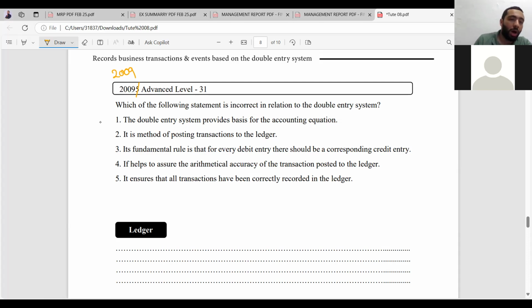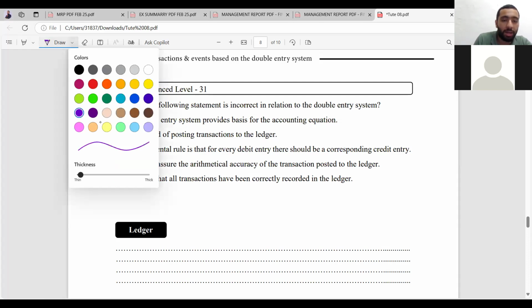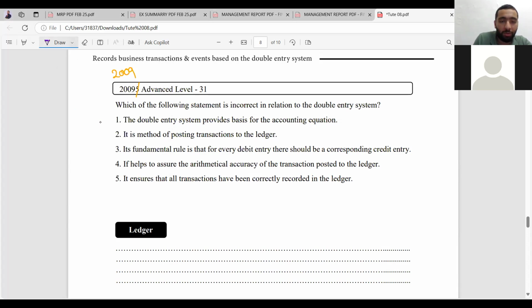Which of the following statements is incorrect? The question asks for the incorrect statement in relation to the double entry system. The double entry system provides the basis for the accounting equation. Does it help the accounting equation? Is double entry the basis?